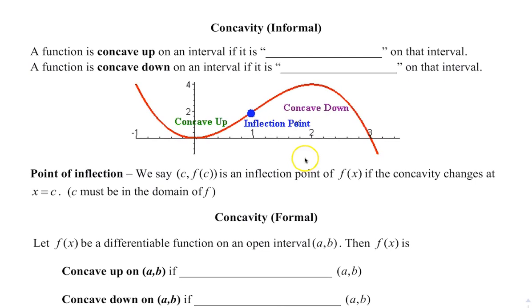A function is concave up on an interval if it is upward facing. So if it's opening up, like right here, concave up. A lot of people say if it could hold water, then it's concave up. If you could fill a little bit of water right there. A function is concave down if it's downward facing, if it's opening down.